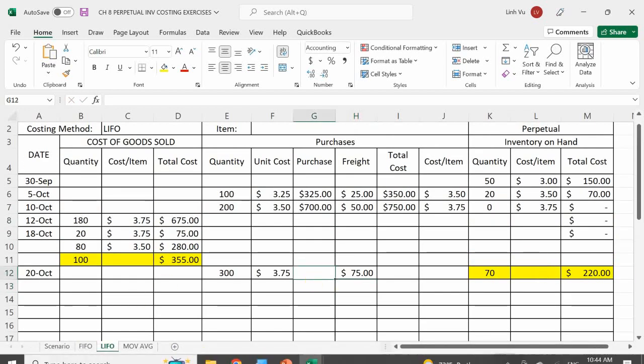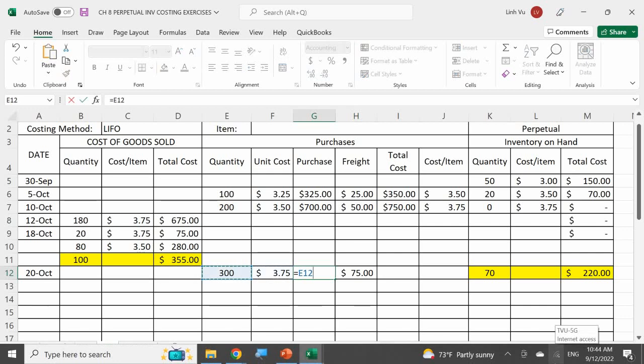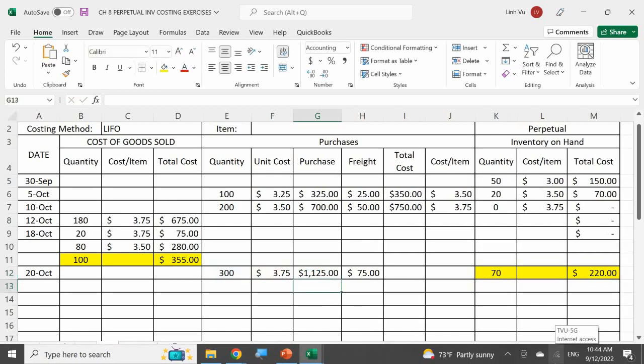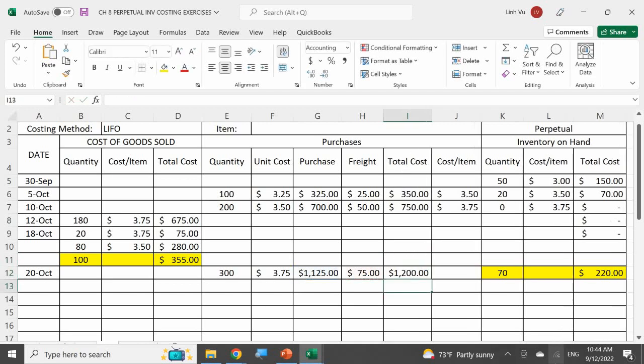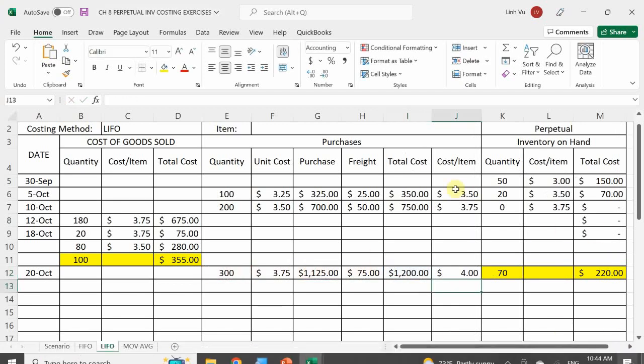Purchase price? $1,125 plus 75, $1,200, giving you a cost per item of $4. So I'm going to copy that there.